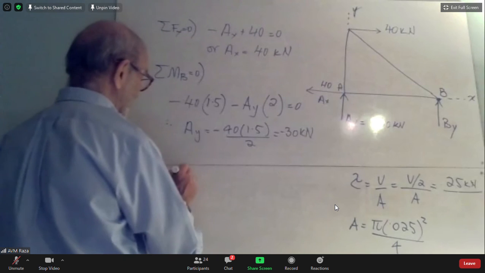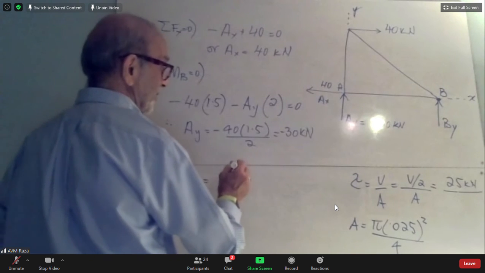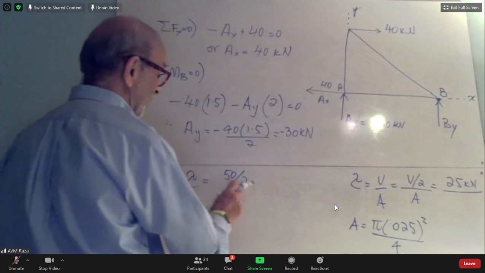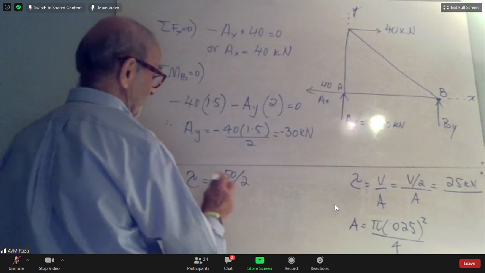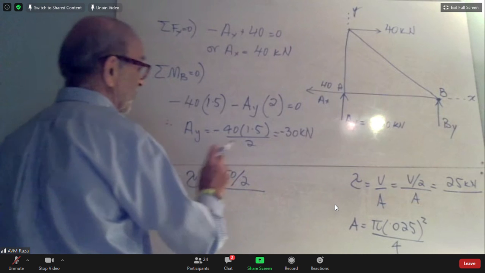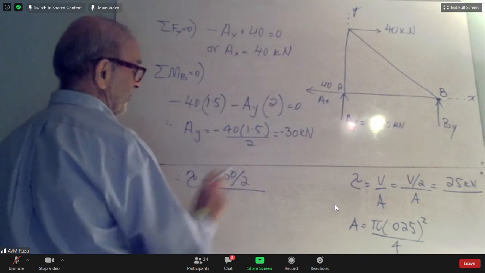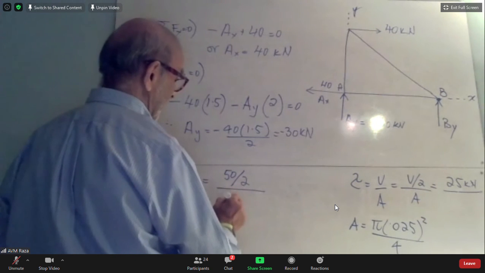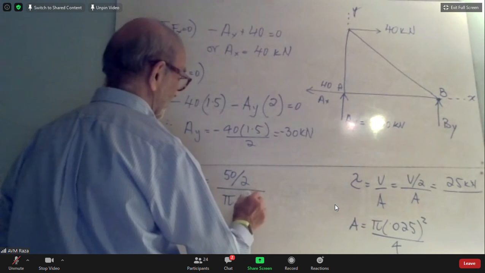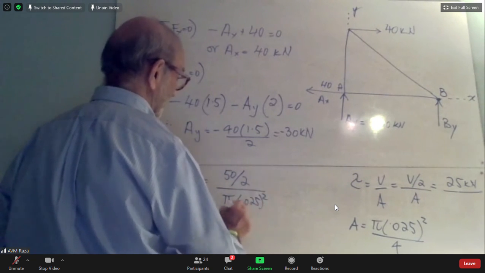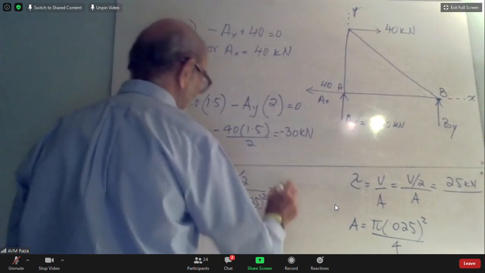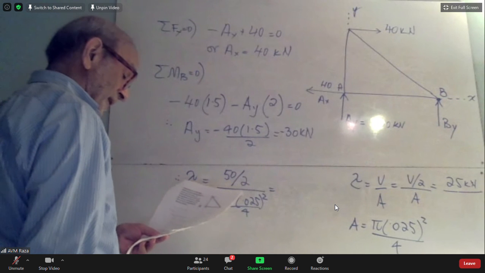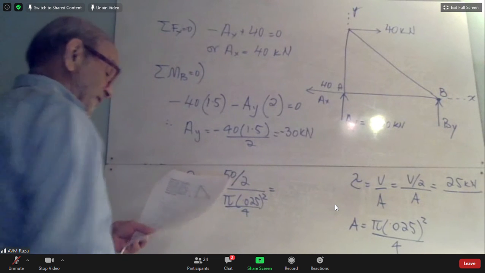So therefore, tau is equal to 50 divided by 2 because of the double shear. The force we found was 50, but we had to divide it by 2. And then area we have found is pi times 0.025 square divided by 4. And when you calculate all this, the number came out to 50,000.